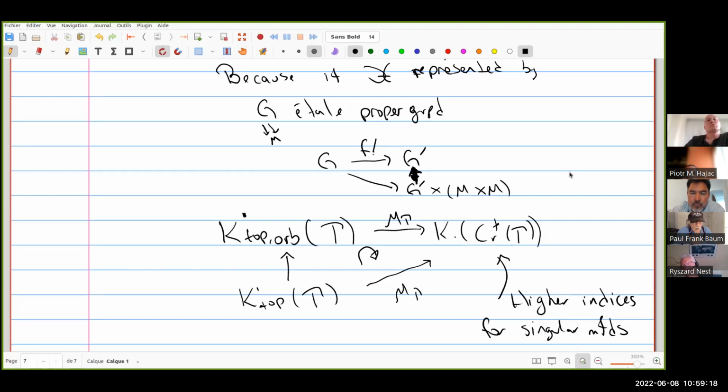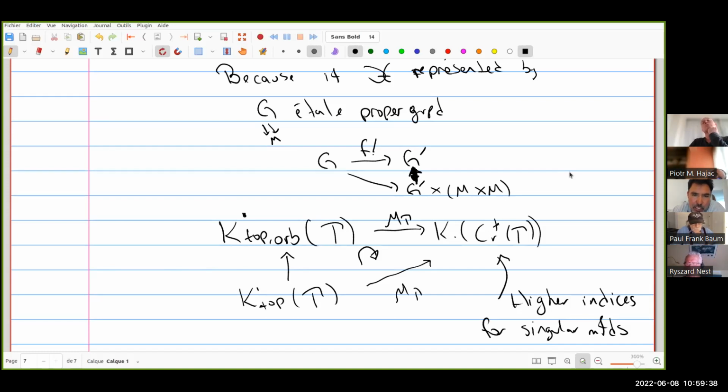I cannot say for sure, but I suspect that this vertical map is always an isomorphism for any discrete group. Yes, I think it is an isomorphism. Oh, you know that for a fact? It is an isomorphism, yes. I see. Well, I don't know a proof, but I have a proof.